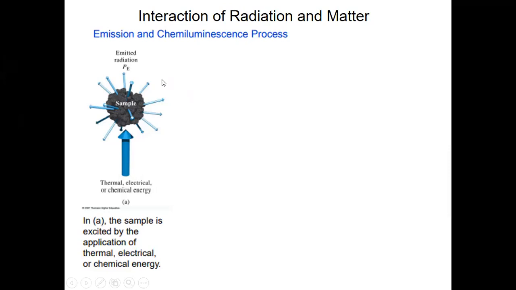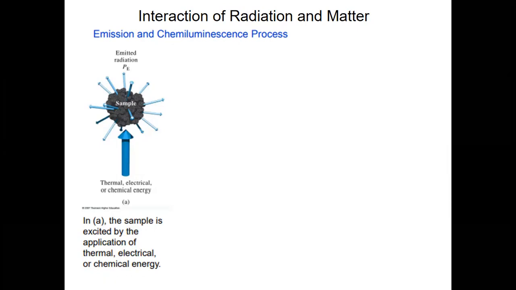The first one is the emission and chemiluminescence process. Here, the sample is excited by the application of thermal, electrical or chemical energy. The sample, or the matter, is here, and it is excited by thermal, electrical or chemical energy as the excitation source. When this energy interacts with the matter, there might be emission.